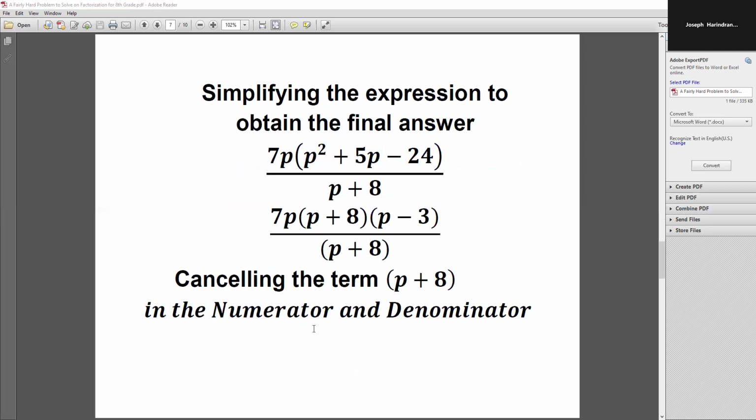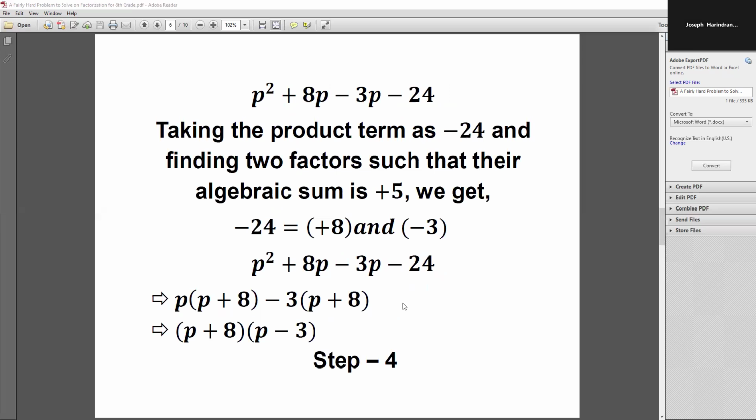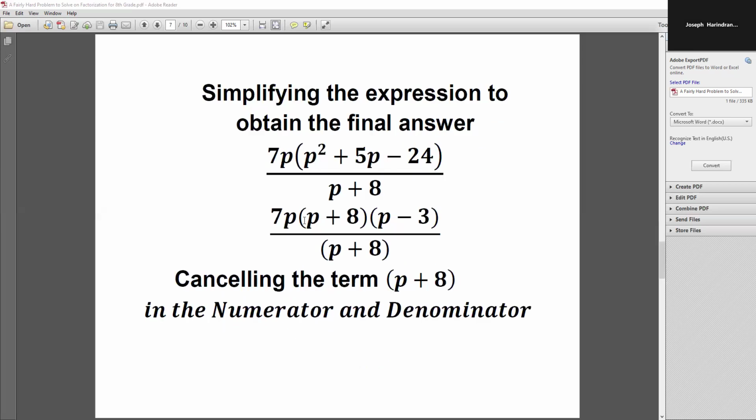In step 4, you have to simplify the expression to obtain the final answer. This is the final step. 7p into p squared plus 5p minus 24 by p plus 8 is what we have. p squared plus 5p minus 24, we have already factorized as p plus 8 into p minus 3. So we have 7p into p plus 8 into p minus 3 in the numerator, and in the denominator we have only p plus 8.